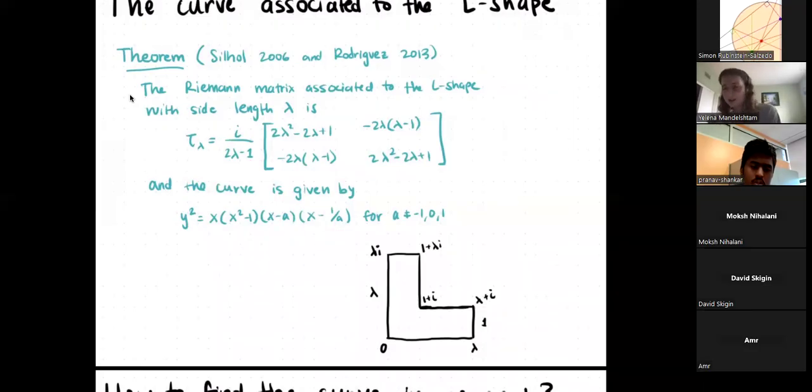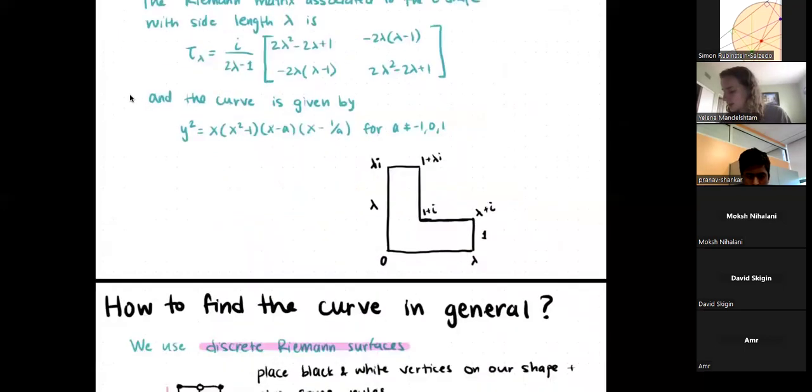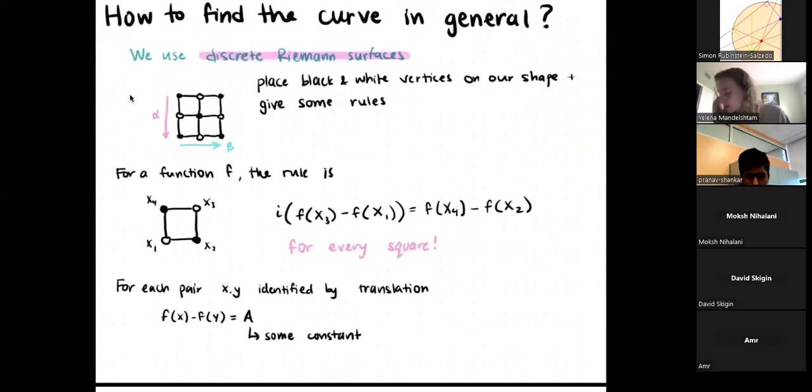It's hard to use these same techniques in general because this relies on very specific symmetries. So again, we'd like to figure something out that can be used more generally. And our tool for that is called discrete Riemann surfaces, where you put a discrete structure on your Riemann surface.